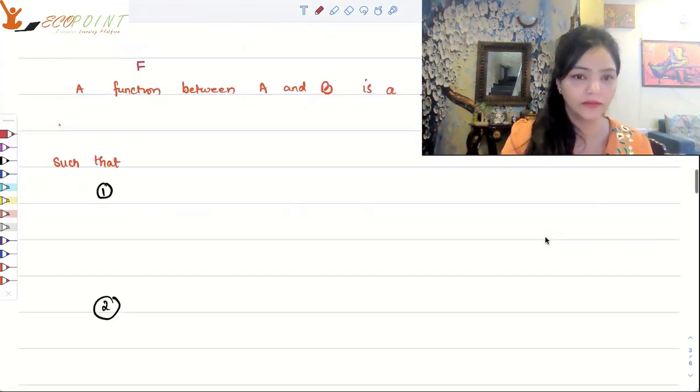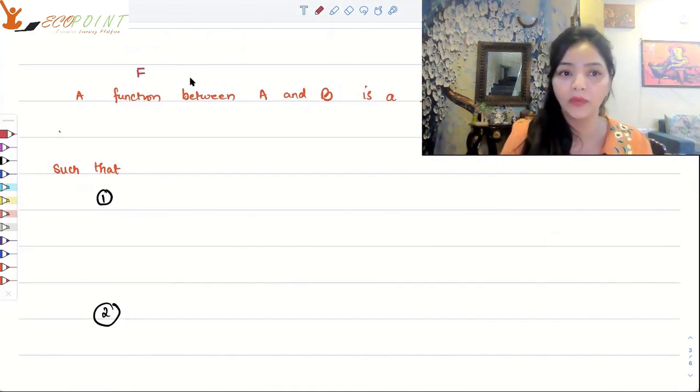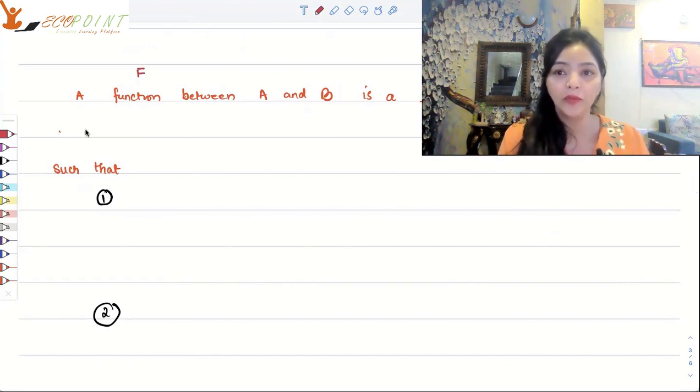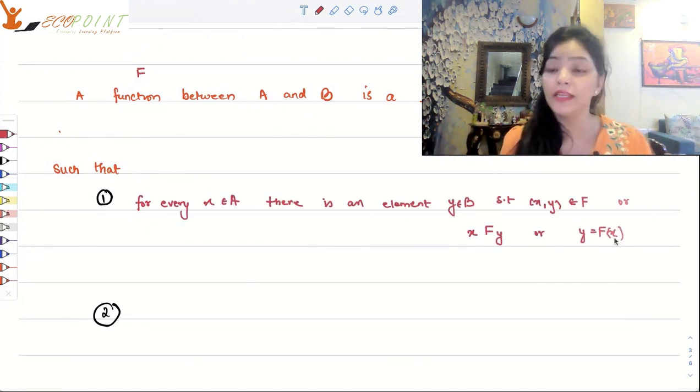Number one, for every input that I have in A, so when I say A cross B, input cross output, the input is what you have in A, the first element in the ordered pair. So for every X in A, there is an element Y belonging to B such that X comma Y, the ordered pair, belongs to F, just like you write in relation. Or X is related to Y, or Y is equal to F of X.